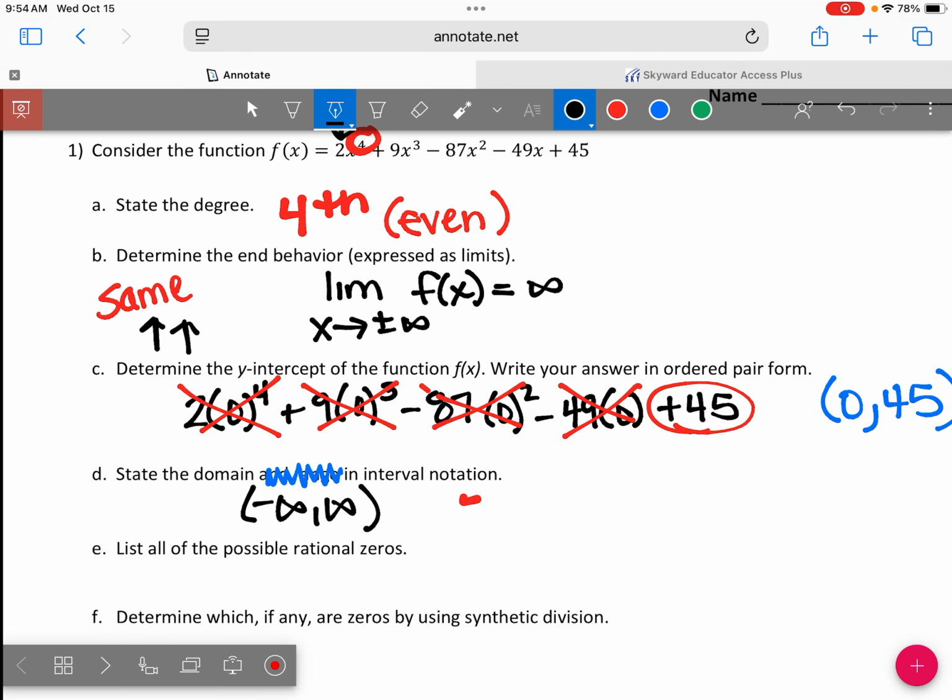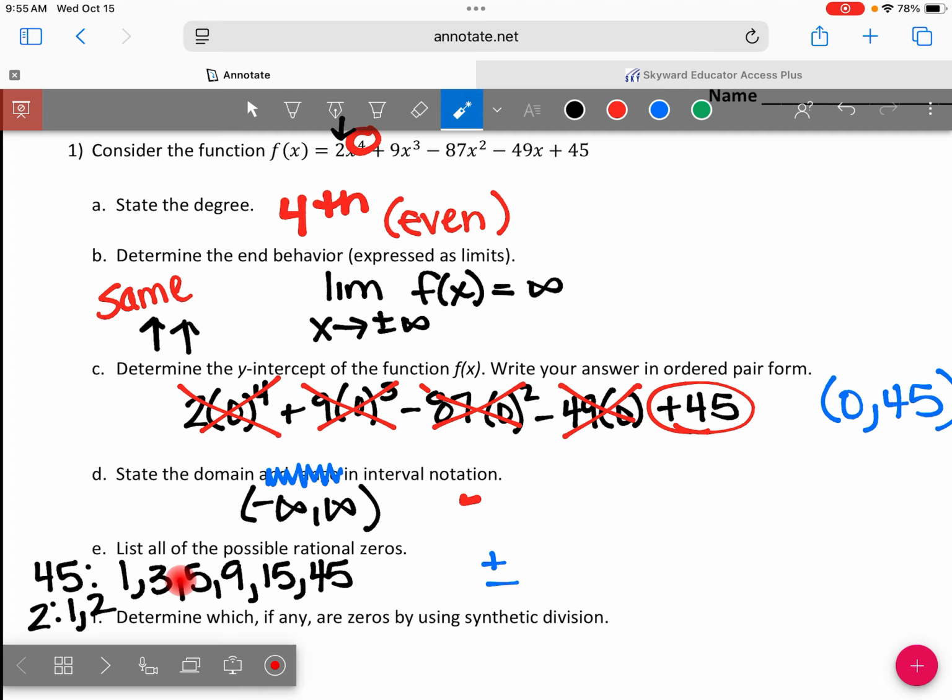Okay, so let's list the possible rationals. So I need to list all my factors of 45, which would be 1, 3, 5, 9, 15, and 45. And then I also have to divide that by Q, which is 2. And the factors of 2 are 1 and 2. So to get my possibles, first I'm going to take these 6 numbers and divide them by 1.